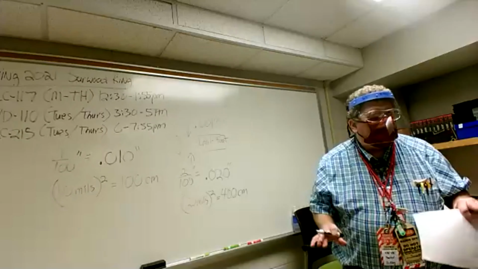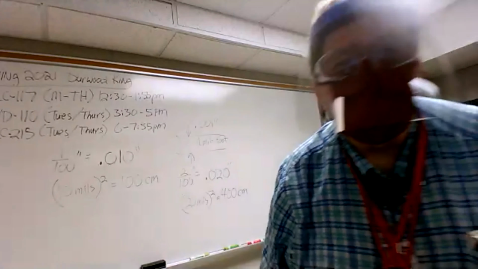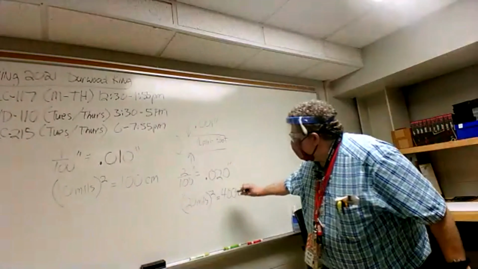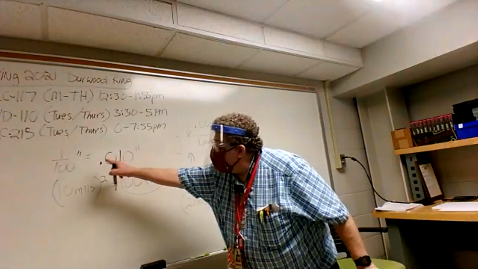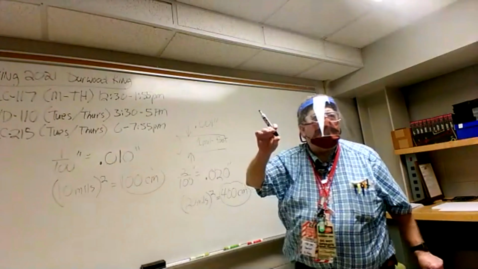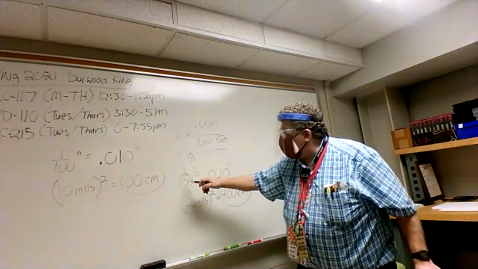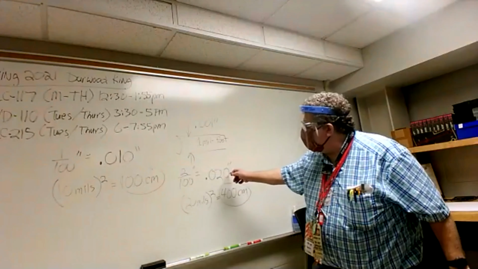But here's what happens. Watch closely here. You really got to slow down when you look at this. Reason why I'm going over this: when you double the diameter, going from 100th of an inch diameter to 2/100ths of an inch diameter, you're going from a 10,000th diameter to 20,000th diameter.